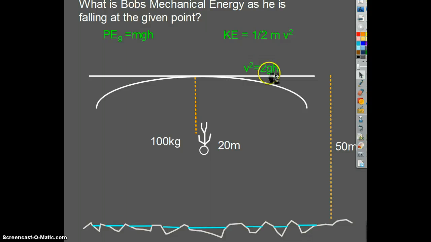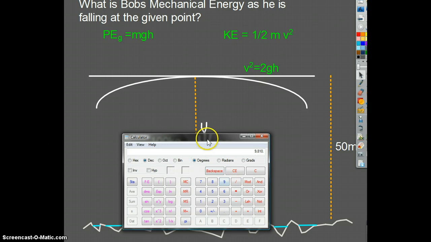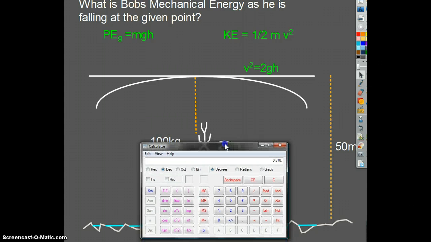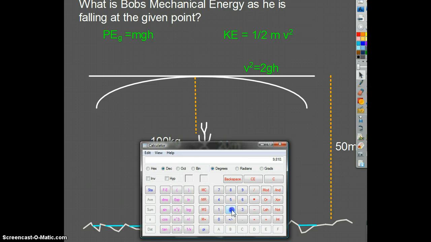Alright, I'm going to help figure out the velocity here in case you haven't gotten that right. We'll make sure that you are correct. So we've got to go 2 times g times the height. So 2 times 9.81 times the height of 20 meters that he has fallen from. I got 392.4.